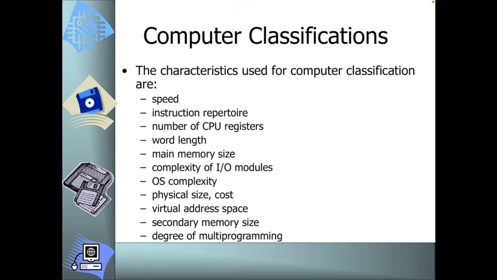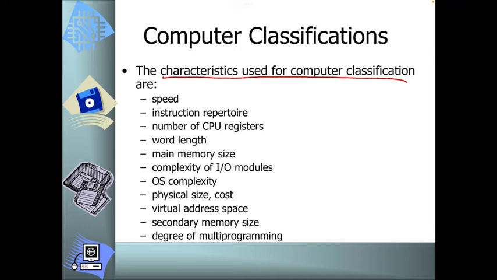Before we go directly to the computer classification, you need to understand that we use characteristics to classify the different types of computers. What we look at first is speed.